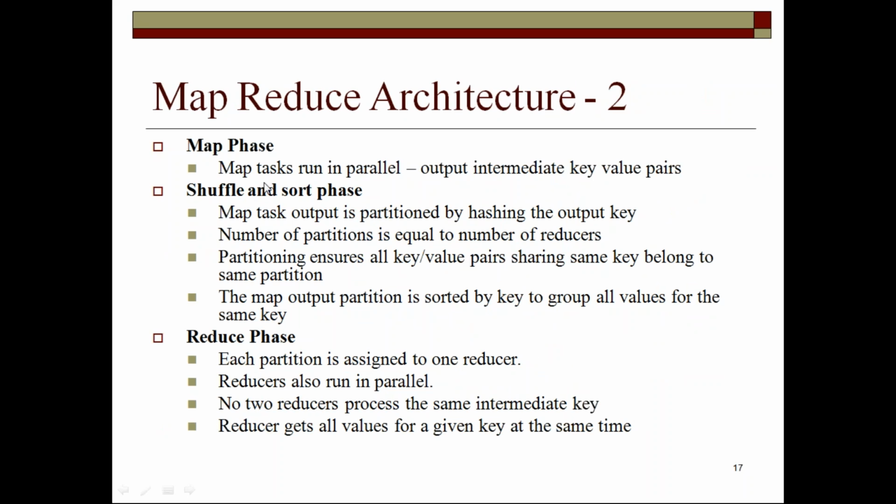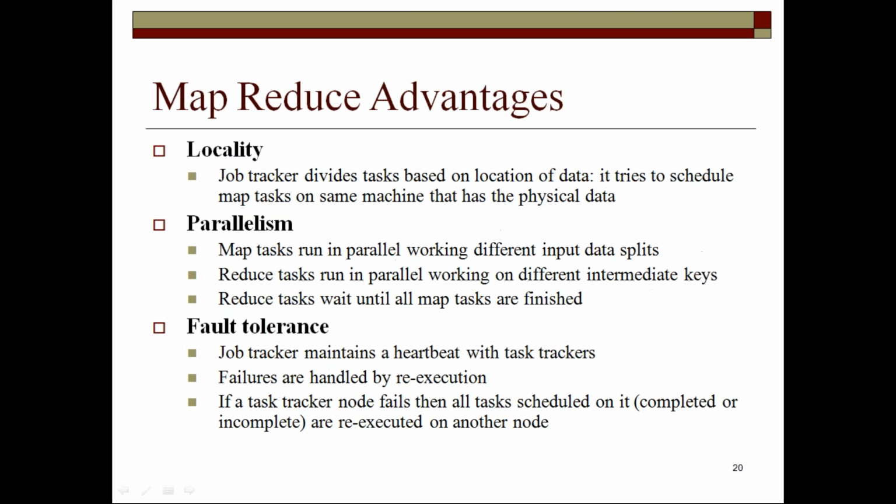Okay, so let's see here. Map phase: mapper tasks are run parallelly, and we have a number of reducers and a number of mappers. Locality: the job tracker divides the tasks depending upon the location of the data. We discussed the job will go to task tracker 2, because the file is in datanode 2. So the job tracker divides your job depending upon the physical location of the data, and tries to schedule the map task on the same machine that has the physical data.